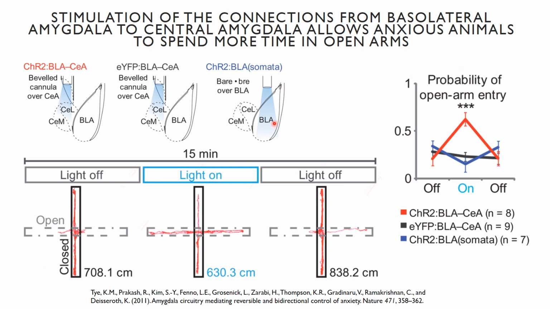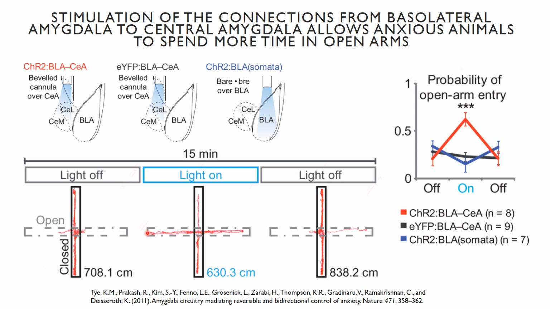In this experiment, they had mice that were anxious. They spent a lot more time in the closed arms than in the open arms, and they did this for 5 minutes. During this time, the light is off. Then they turn on the light in the three different groups. What you can see is that some of these animals, all of a sudden when the light is on, are now less anxious.